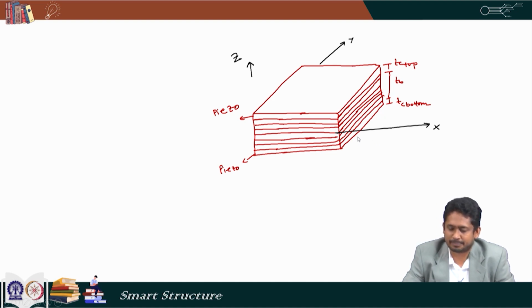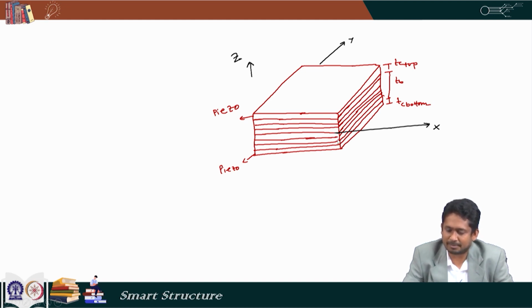going to discuss today. So, this is the example structure that we are going to take. It is a composite with a set of layers, and it has two piezoelectric patches at the top and bottom. The top piezoelectric patch and the bottom piezoelectric patch are throughout the surface of it.